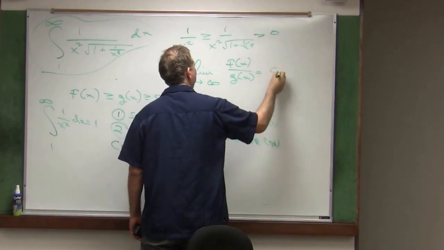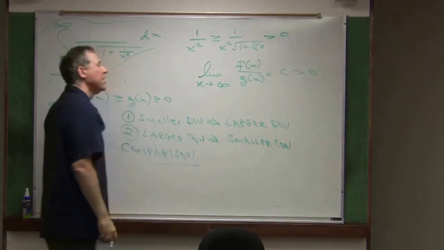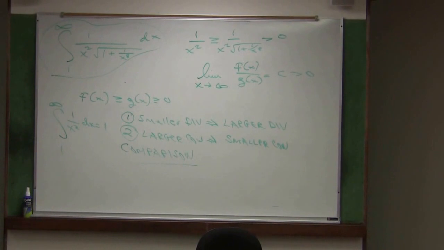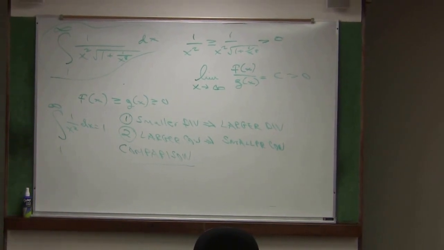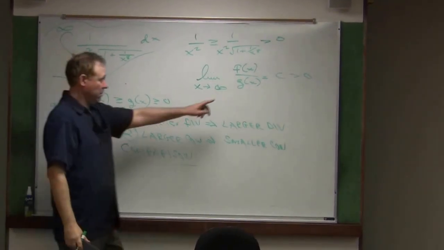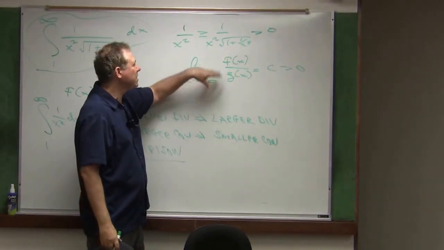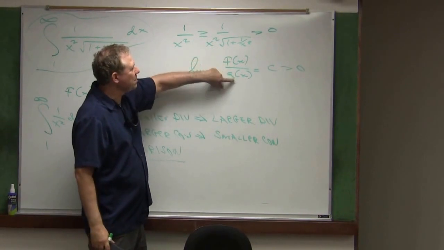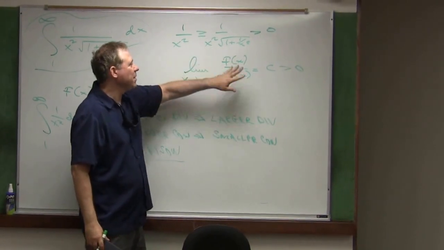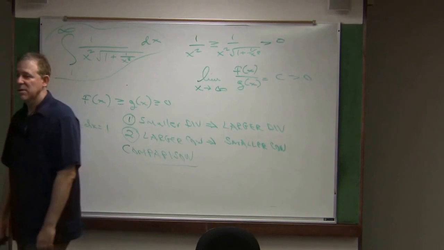And let's say they're roughly a positive constant, okay? So in the limit, they're a positive constant, which means that roughly when x is getting big, f is about c times larger than g.